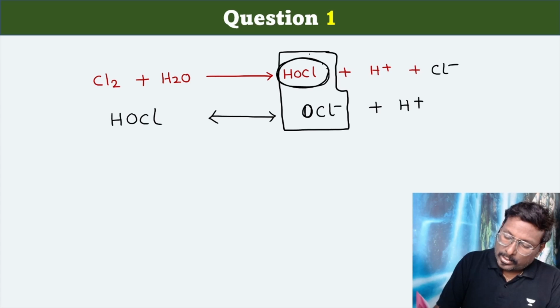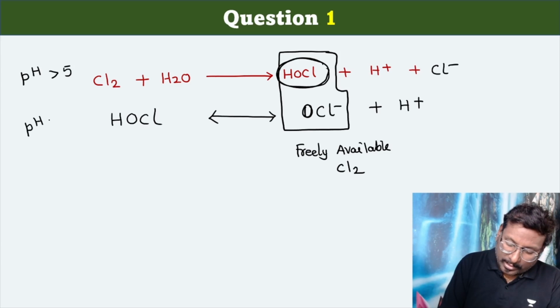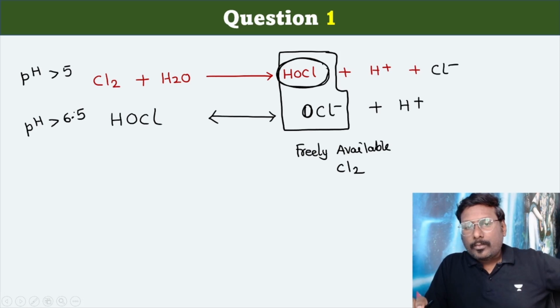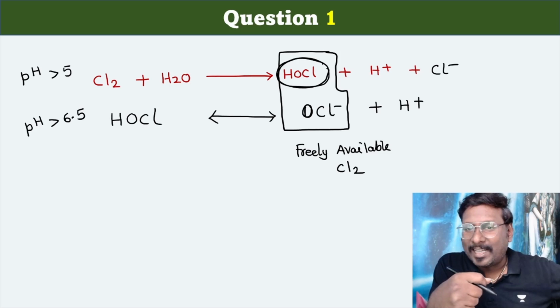So this HOCl and OCl minus are freely available chlorine. First reaction occurs at a pH greater than 5. Second reaction occurs at a pH greater than 6.5. So the percentages and pH, in our notes I have explained in detail already.